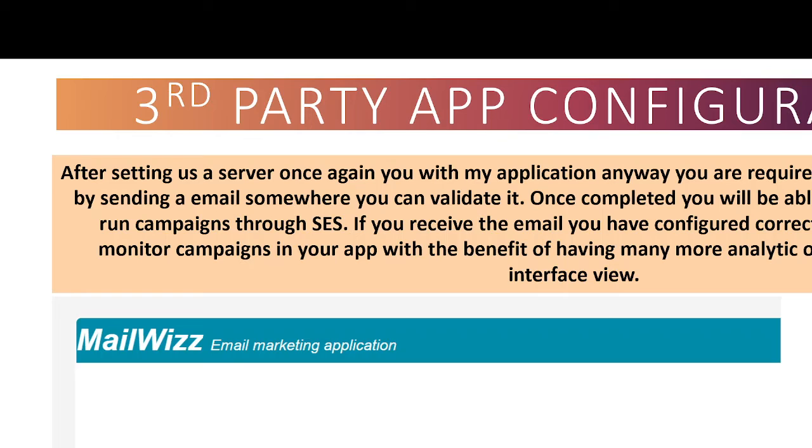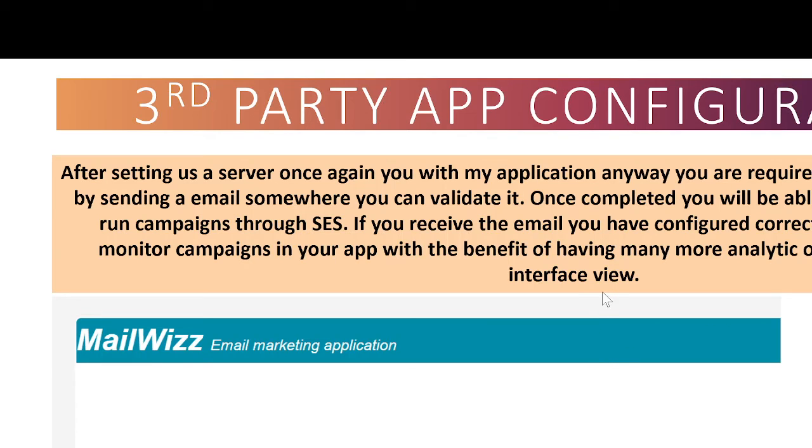Continuing on third-party app configuration. After setting up a server, with my application anyway, you are required to test the server connection simply by sending an email somewhere. You can validate it.